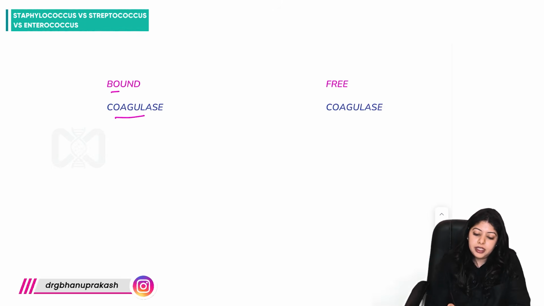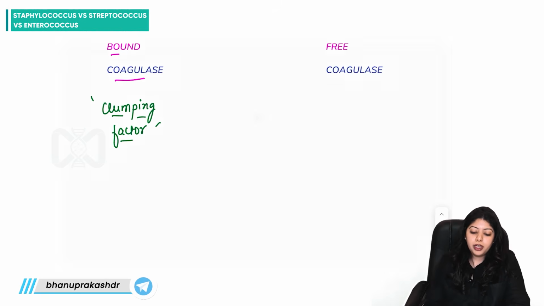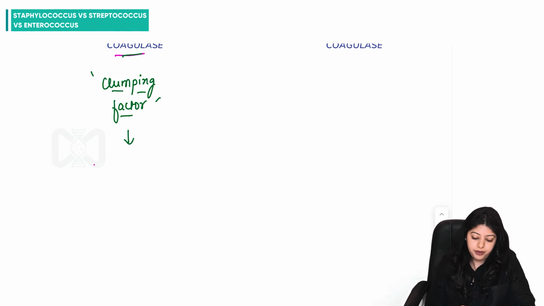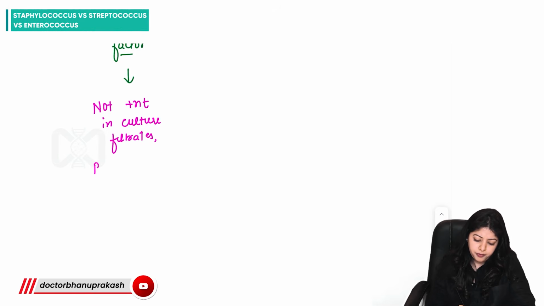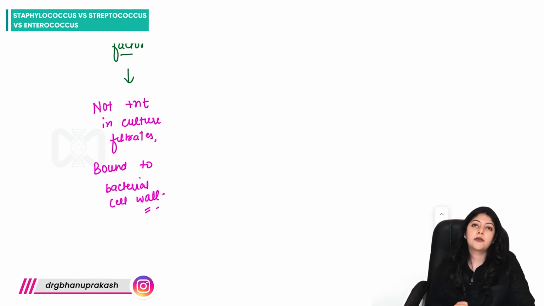So bound coagulase is also known as clumping factor. One more important thing about this particular form of coagulase is that it is not present in culture filtrates, but it is bound to the bacterial cell wall, right?